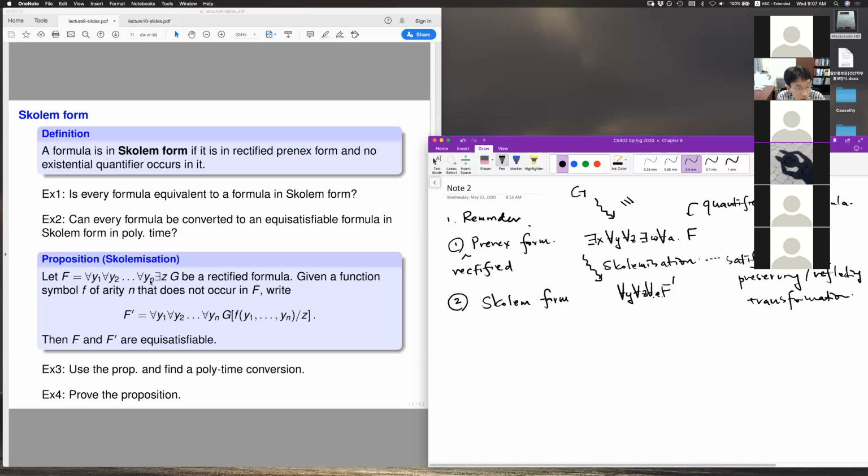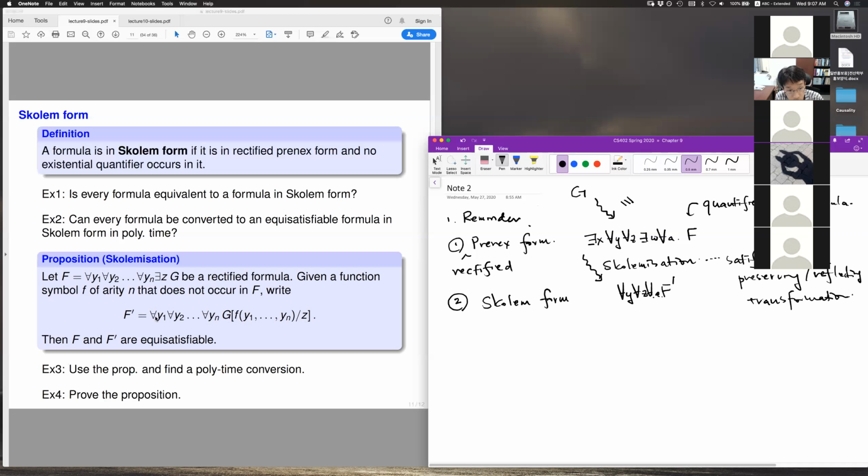In that case, if we pick a new function symbol f, whose arity is n, so f doesn't appear anywhere inside this capital F, and then we replace this existentially quantified z by the function small f applied to y1 up to yn inside the G, then this formula F and the new formula F prime are equisatisfiable. F is satisfiable if and only if F prime is satisfiable.